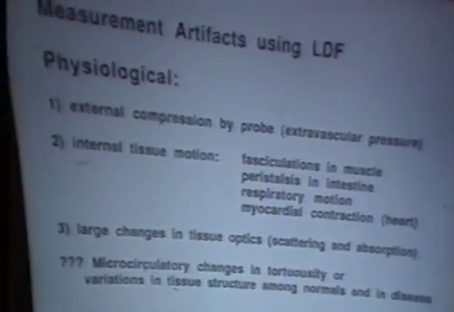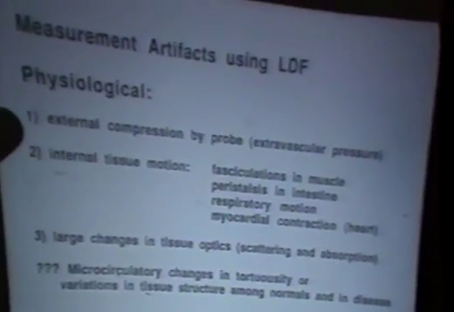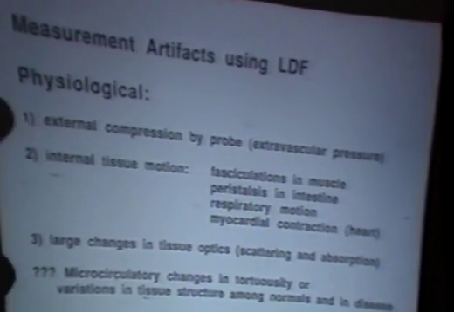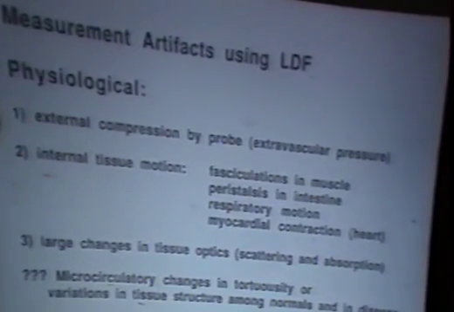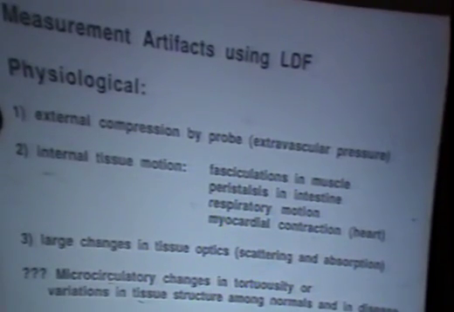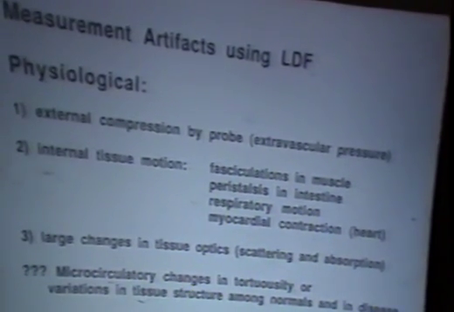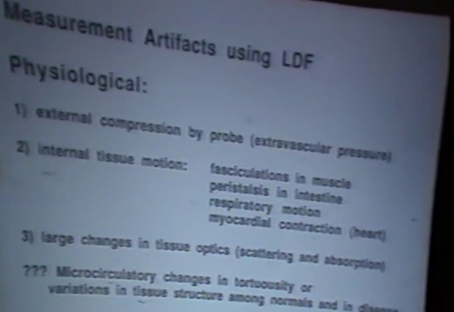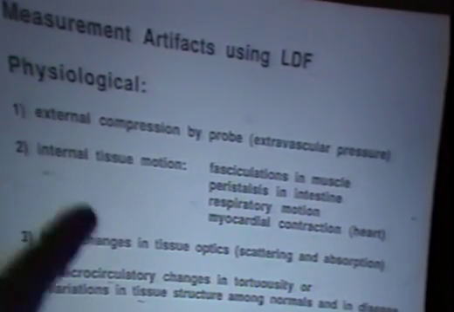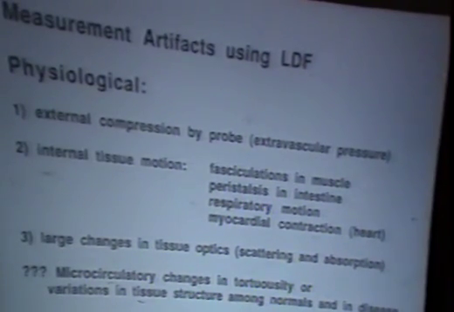There are a whole variety of physiological artifacts. A common one is external compression of the probe, external compression by the probe of the tissue, which creates an extravascular pressure, which invariably will create at least a transient change in the blood flow. Internal tissue motion is clearly a problem in the extreme examples. You can see it in fasciculations in muscle.